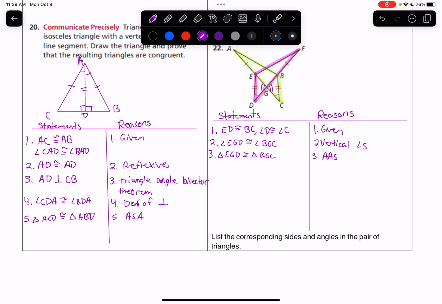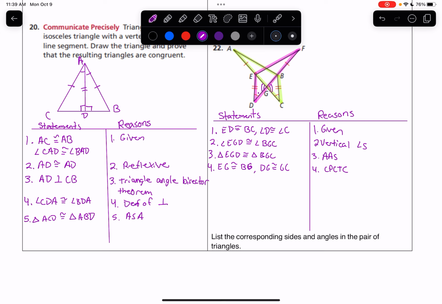Once I know that those triangles are congruent, then I can state that a couple of pieces and parts that I'm going to need are congruent. I can state that EG is congruent to BG, and I can also state that DG is congruent to GC, both of those because of CPCTC. I know those pieces and parts of the triangles are congruent.